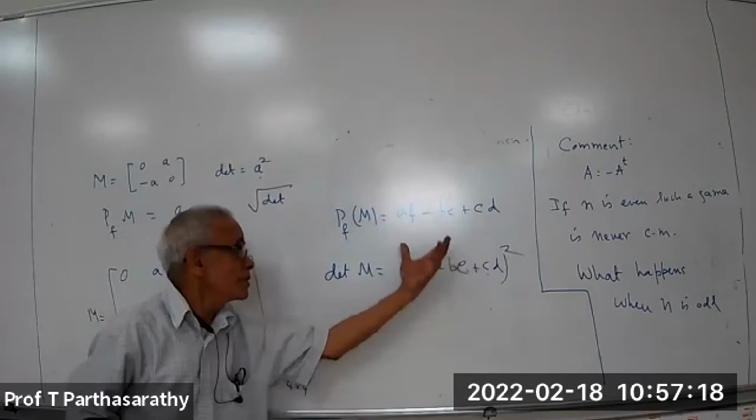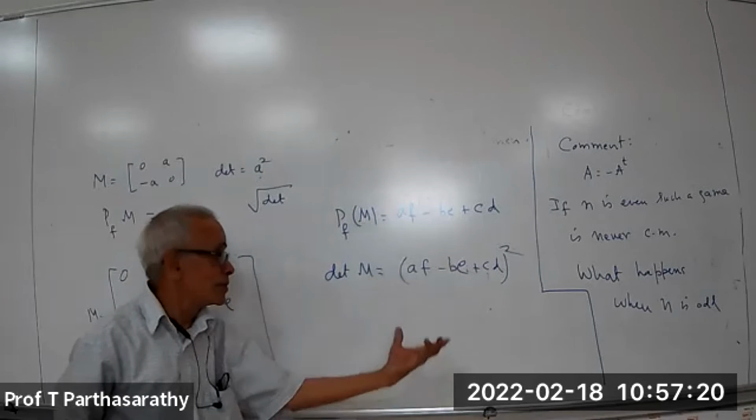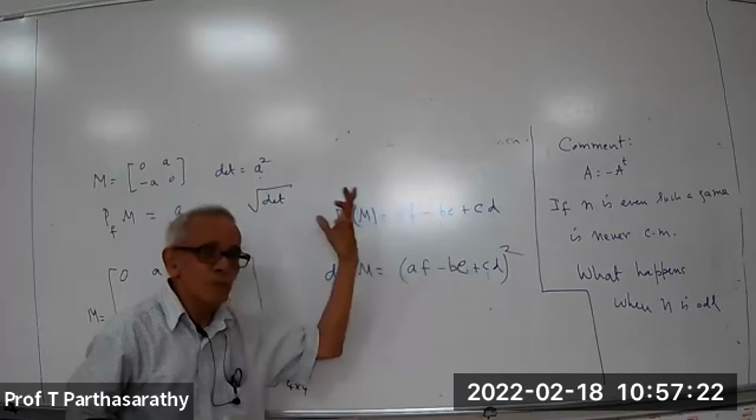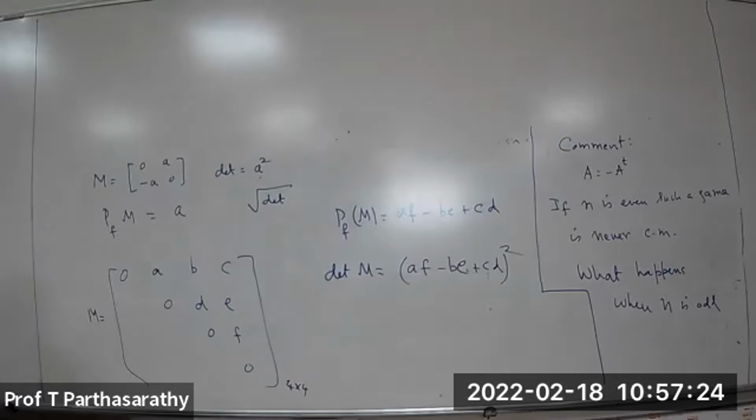If this is positive, the Pfaffian will be positive. If this is negative, the Pfaffian will be negative. So whether you take the positive square root or the negative square root depends on the sign of this. But how do you do it in general? Let me give you the general definition.